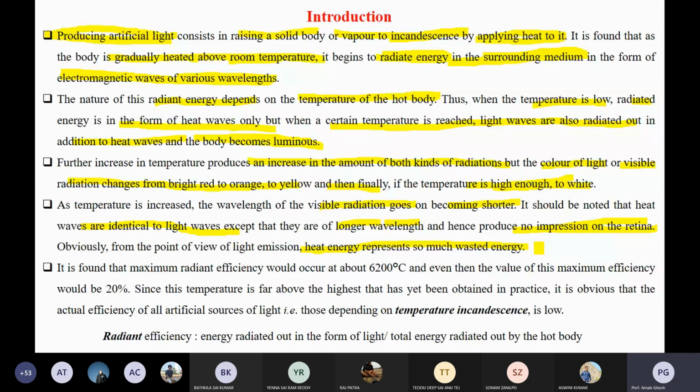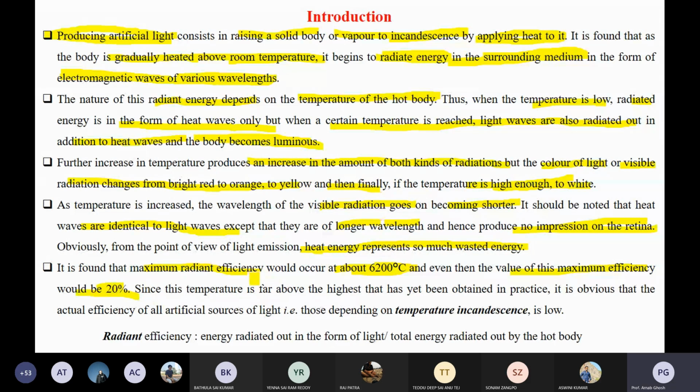The wavelength of the light changes with the temperature of the hot body. So you need to measure the energy coming from the hot body, and how much is radiated when it is illuminating. You will get the ratio of both of them, and that gives the radiant efficiency. That's the basic concept.